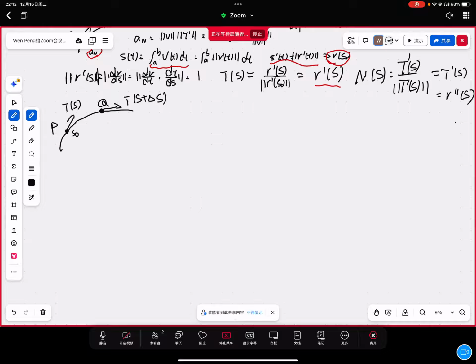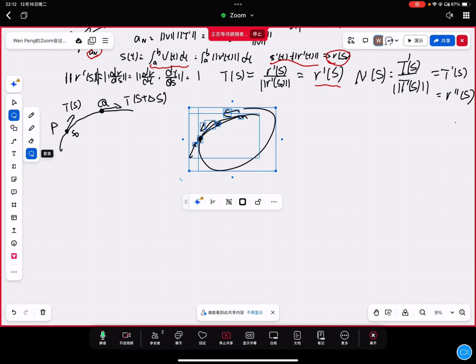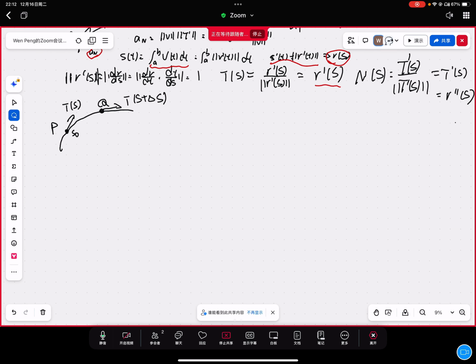So an idea is that if you take 3 points on the path, there must exist a circle because the 3 points are coplanar and they're nonlinear since the path is curving. If it's not curving, then we have nothing to investigate. So as long as it curves, there must be a circle that goes through these 3 points. And if the points get closer and closer, we might get a tangent circle at a certain point P. With this idea, we try to find if there is really such a circle.